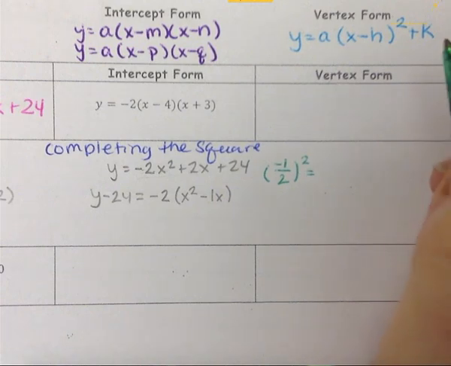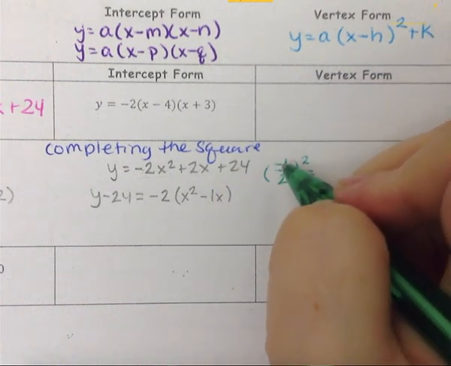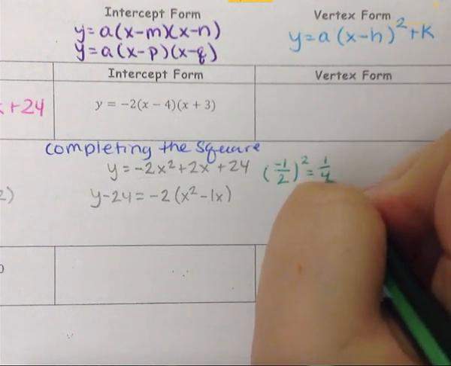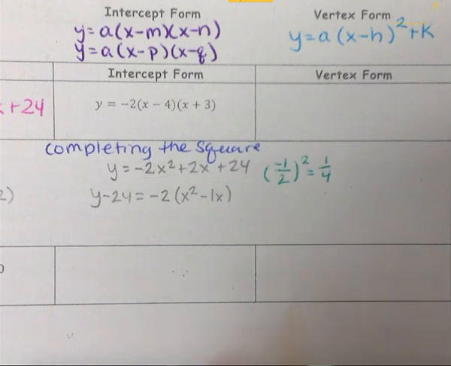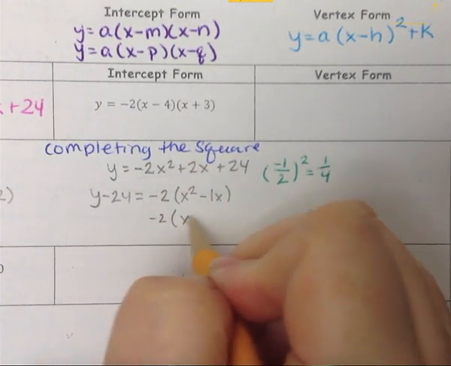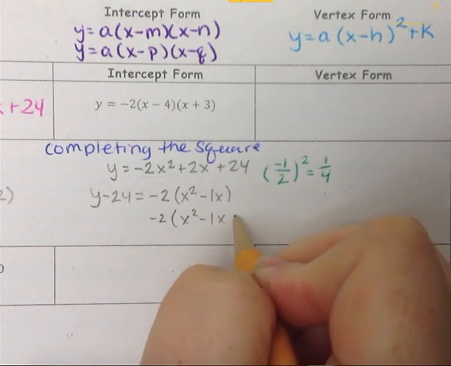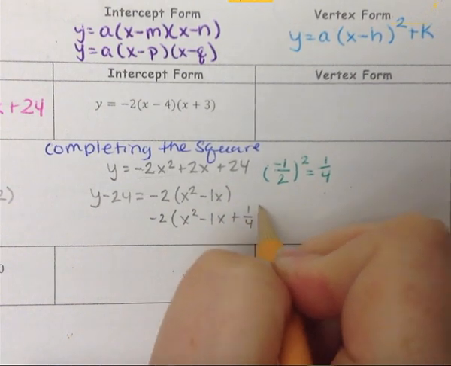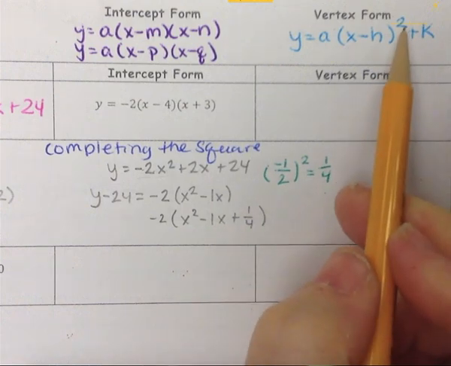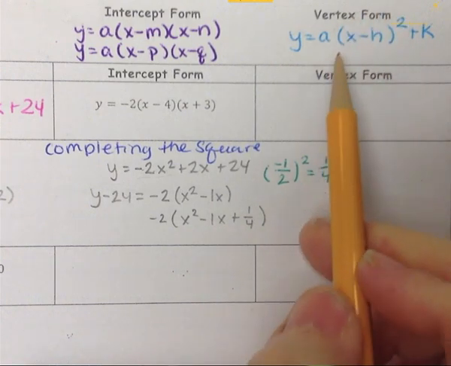So half of b squared will give me negative 1 over 2 times negative 1 over 2, which is a positive 1 over 4. That will give me that perfect square trinomial. So I will have that negative 2 parentheses x squared minus 1x plus that 1/4. That is a perfect square trinomial, so it'll factor to be something that looks like this.